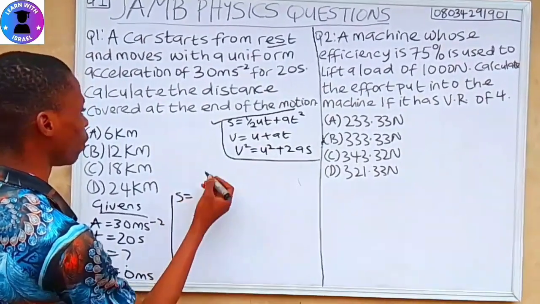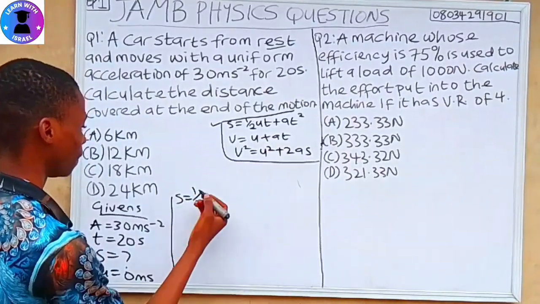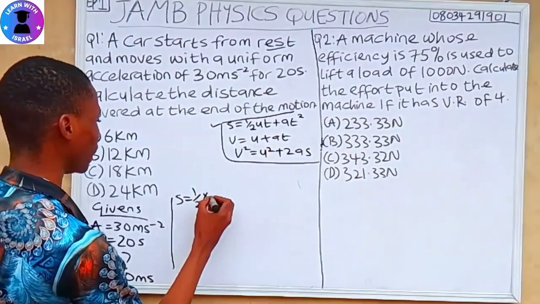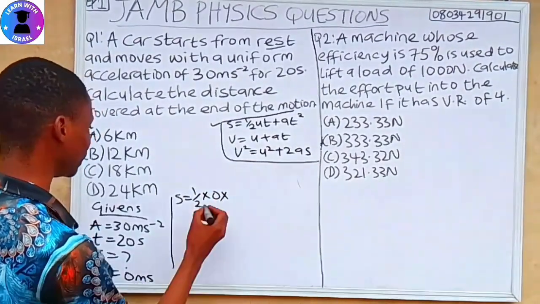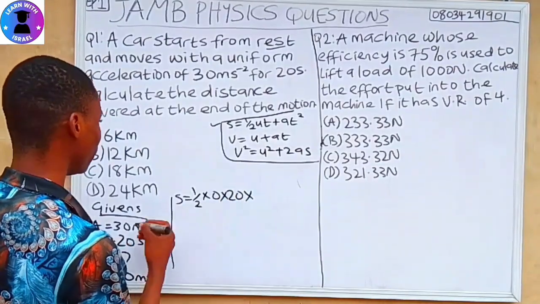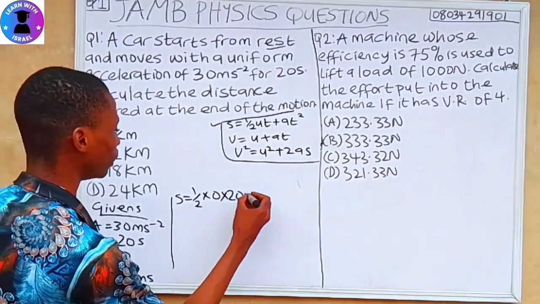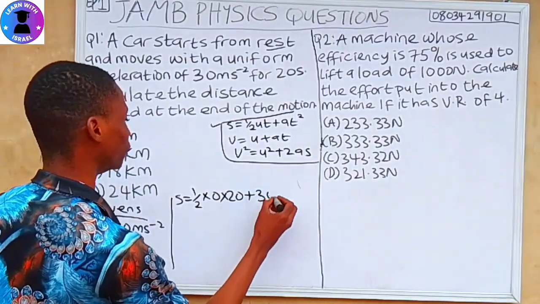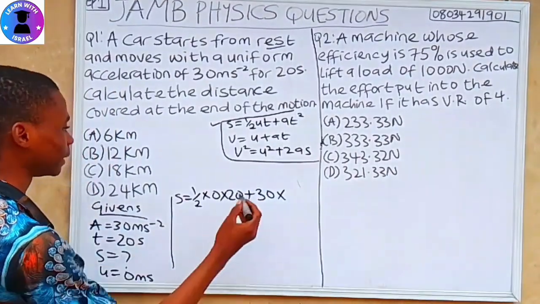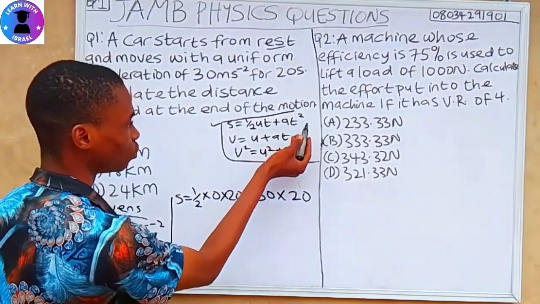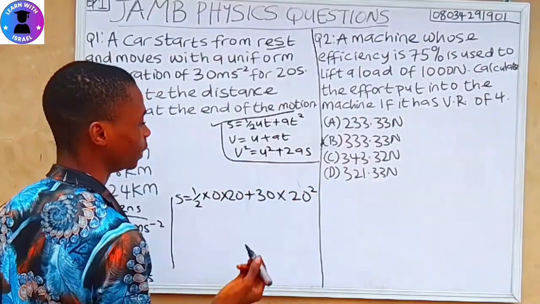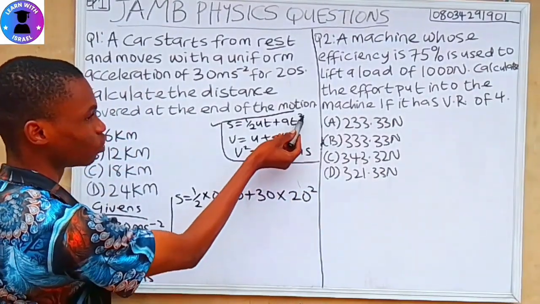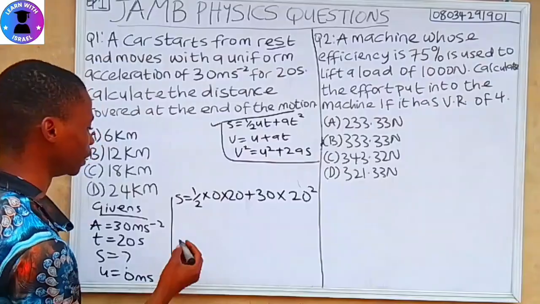So S = (0 × 20) + ½ × 30 × 20². Our u is 0, multiplied by our t, which is 20. Then you see plus here, plus half of our acceleration multiplied by our time squared. Don't forget to square the time, so you add the square to the 20.